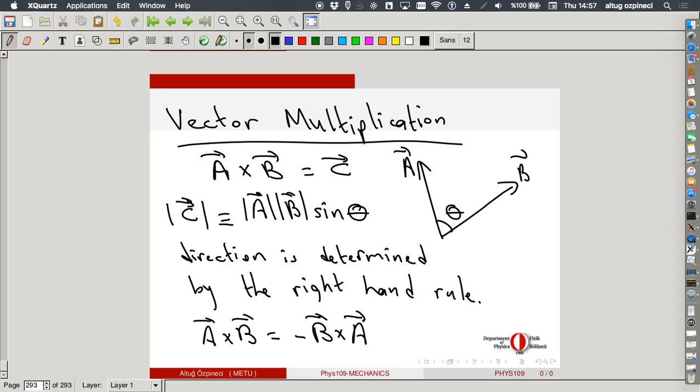So this is the rotation. Wrap your four fingers in the direction of rotation. Your thumb will point in the direction of A cross B. So this is the direction of A cross B. B cross A, just imagine you are rotating the B vector towards the A vector. Then the direction of the angular velocity vector of that rotation is the direction of B cross A. So B cross A, this is the rotation, this is the right-hand rule.